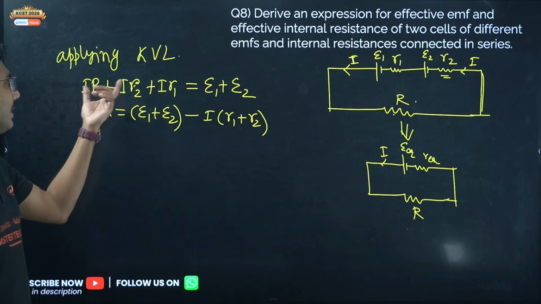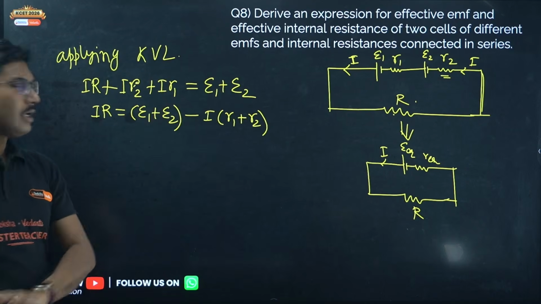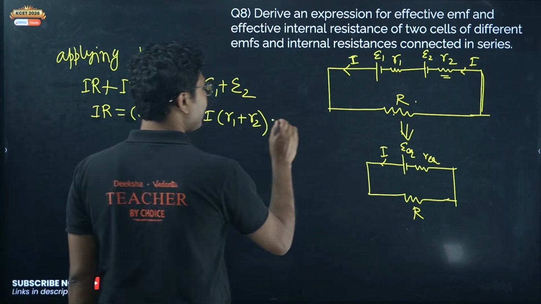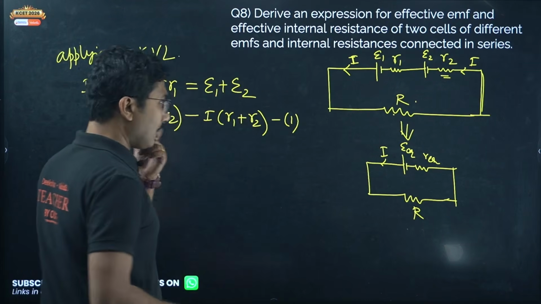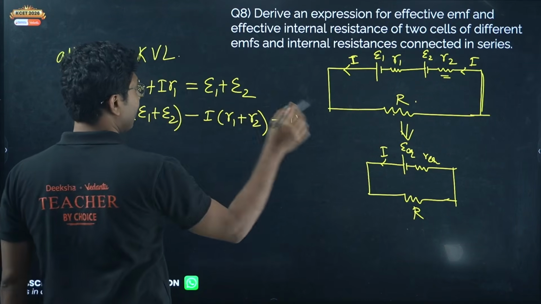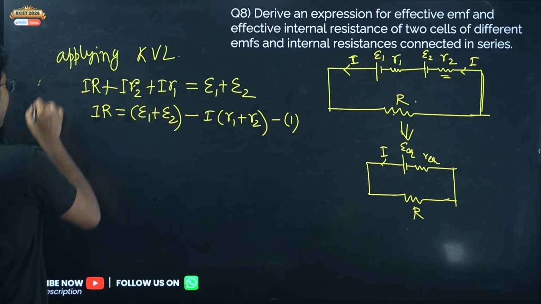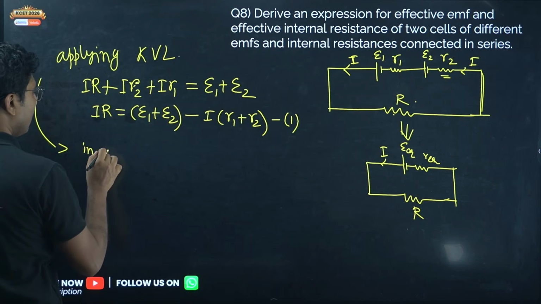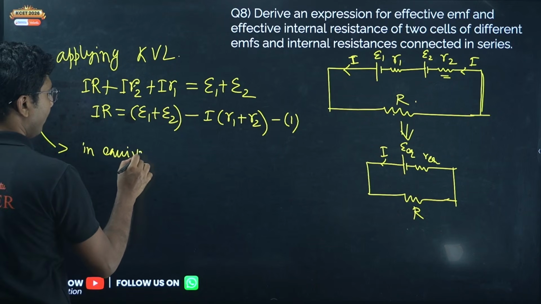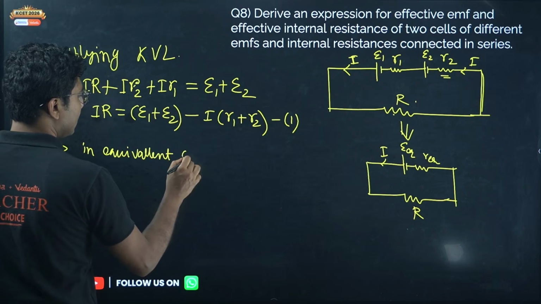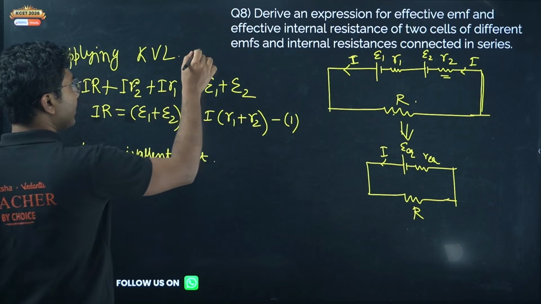Very simple. Take these two on the other side, I is common, and you get the result. Name this equation number 1. Now apply Kirchhoff's law in the equivalent circuit. This is the original circuit.